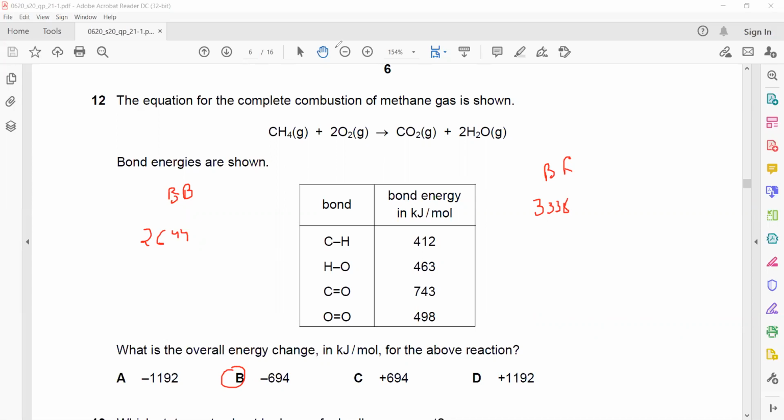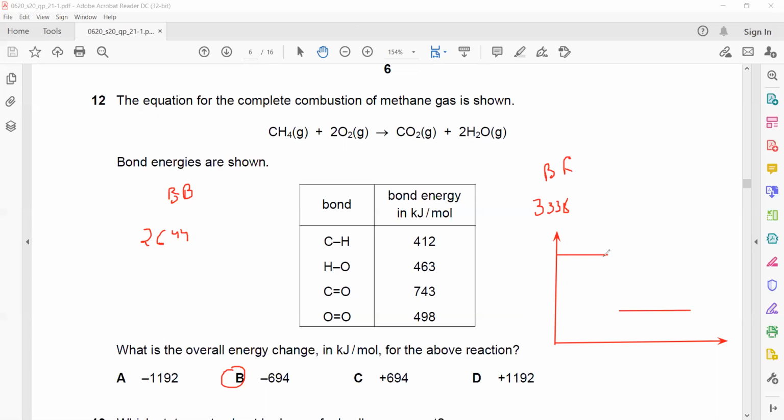But students get confused with the energy diagram. When they make an energy diagram, they think that this is the energy of the particles. This is not the energy of the particle, this is bond energy. There is a difference between bond energy and energy of the particle. For exothermic reactions, reactant particles have more energy and the product particles have less energy.